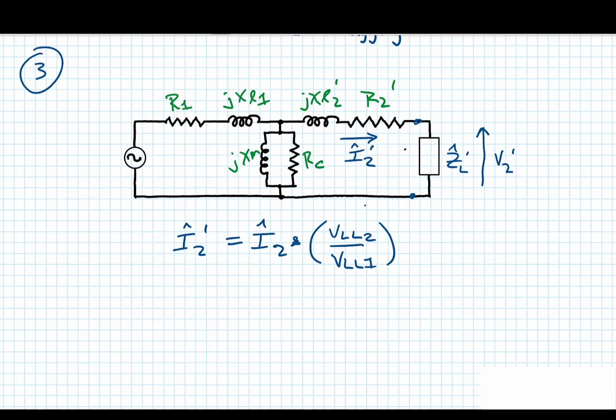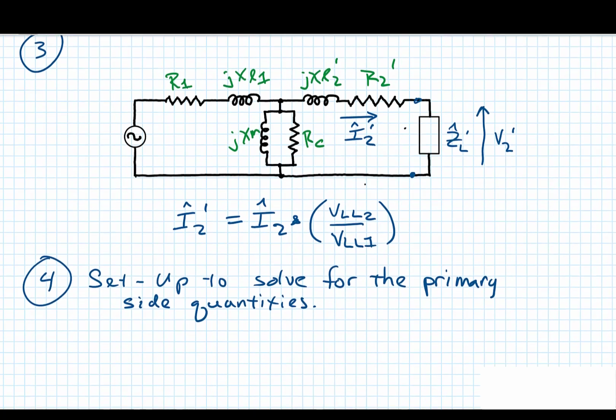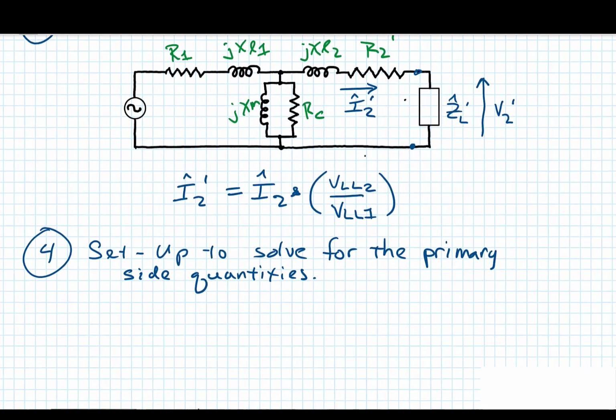And so in step 4, we're going to set up to solve for the primary side quantities. To do that, we need to know V2 prime. So what is V2 prime?